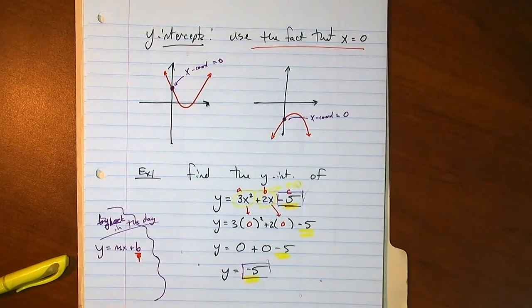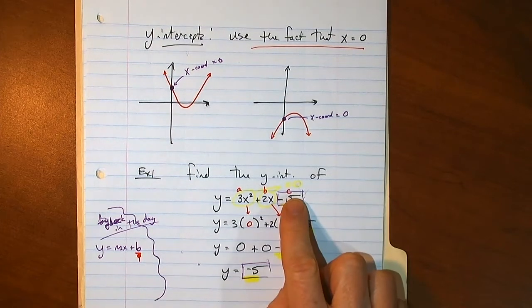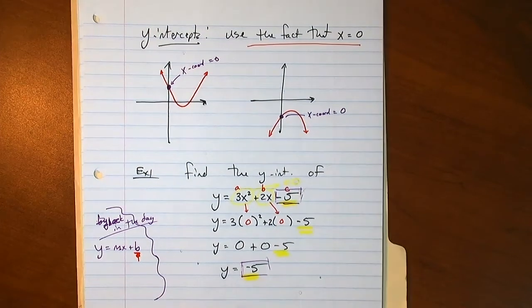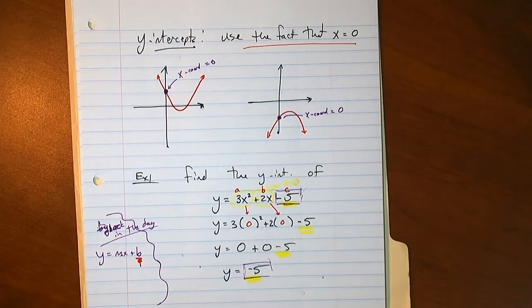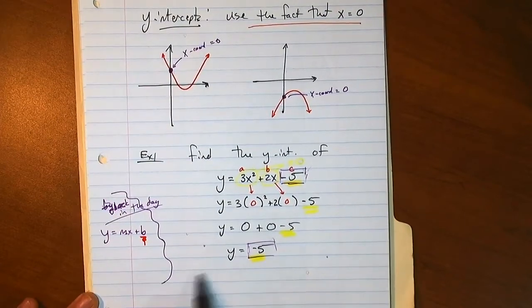So you can plug in 0 for x and simplify, and that works. And that works for all functions everywhere, all the time. It never fails. But if you recognize that the value of c is going to be your y-intercept, that gives you a shortcut, and that's perfectly fine and acceptable to do. Whichever way you prefer, I could maybe jot that down as a note.